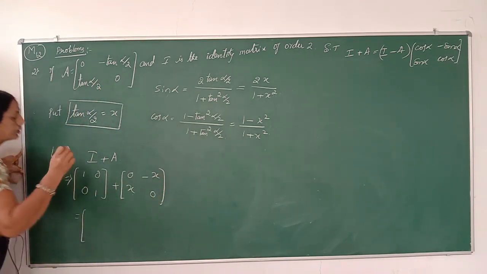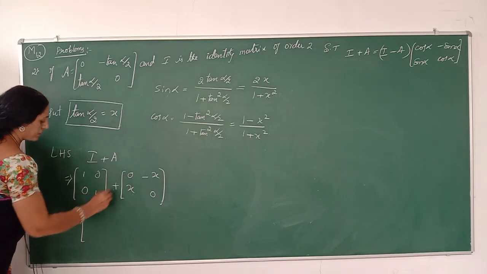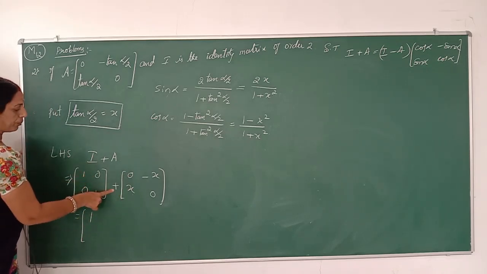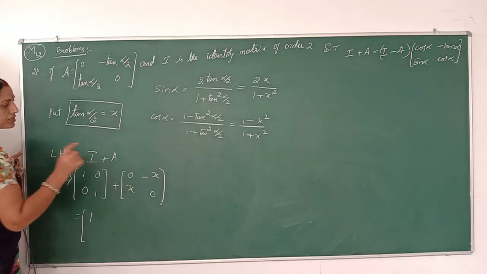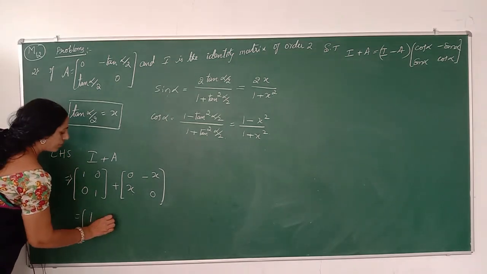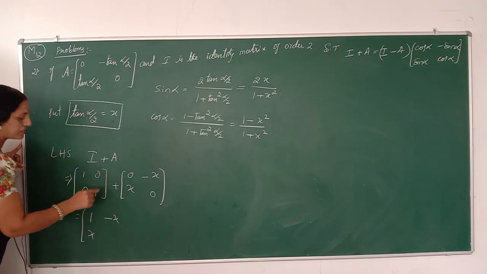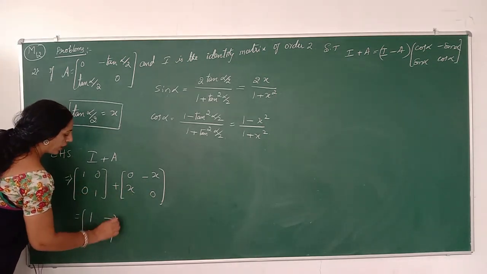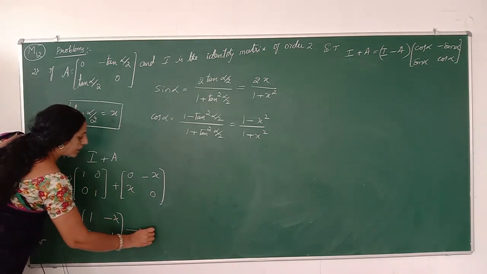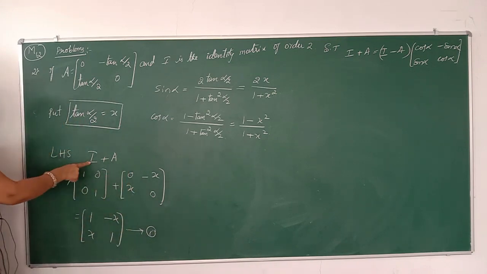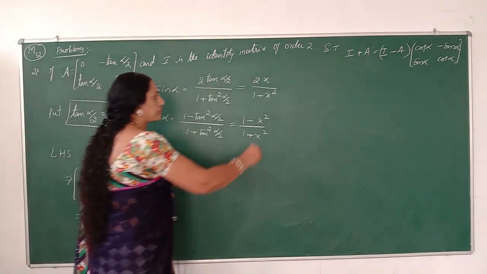Adding these two matrices: 1 plus 0 is 1, 0 plus minus x is minus x, 0 plus x is x, 1 plus 0 is 1. That is called equation 1. It's the solution for the LHS.